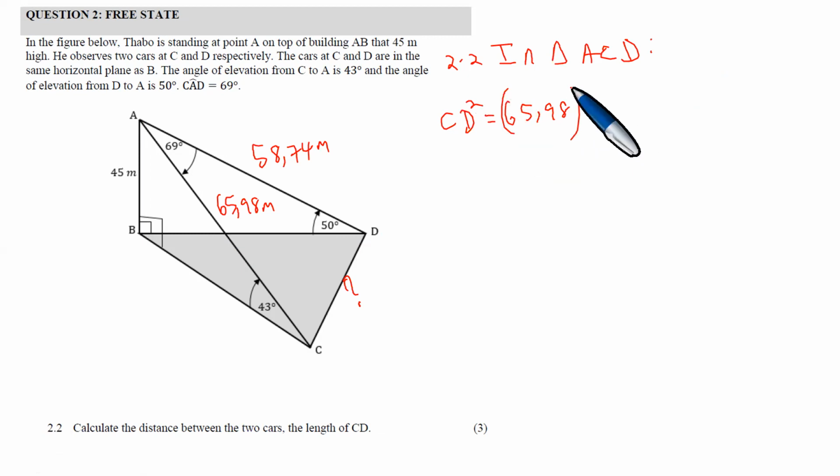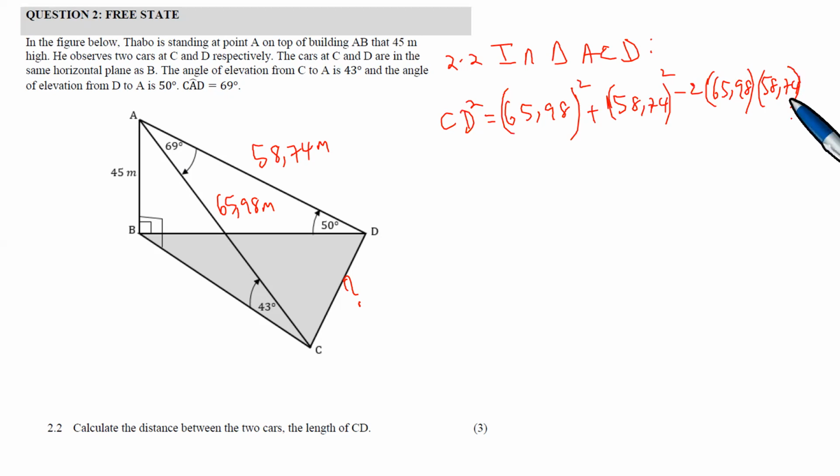You square this one here. I'm doing the corrections now of yesterday's exercise. Homework is 58,74. And you square this one minus 2 into 65,98 into 58,74. Right, and then here we put the cosine of the angle, which is exactly 69 degrees, in that position.